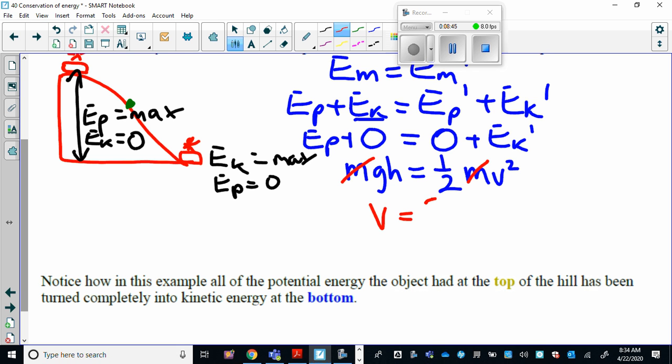v equals the square root of 2gh. And then you can plug those numbers in. 2 times gravity times the height. 2 times 9.81 times the height, which is 23.7, equals, and the square root of that number is 21.6 meters per second.